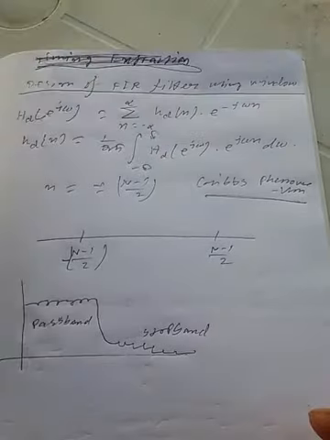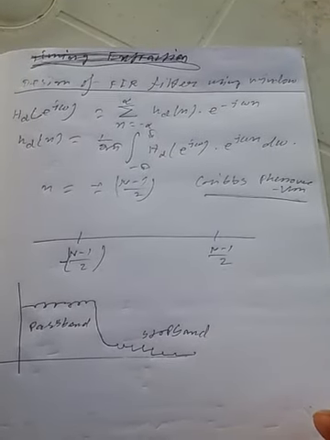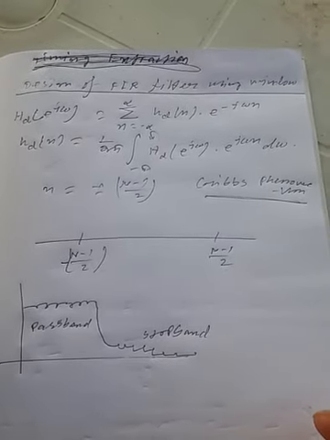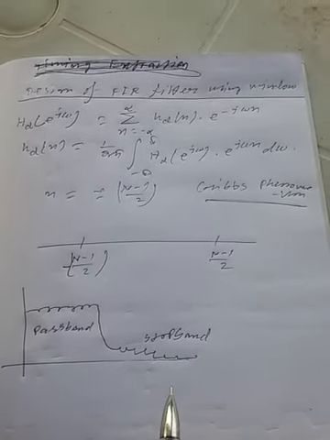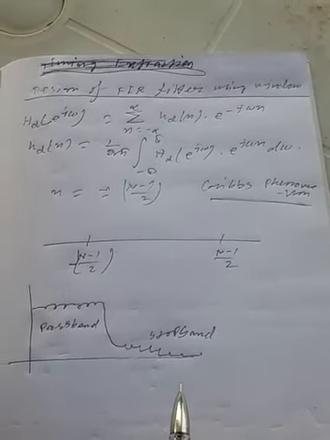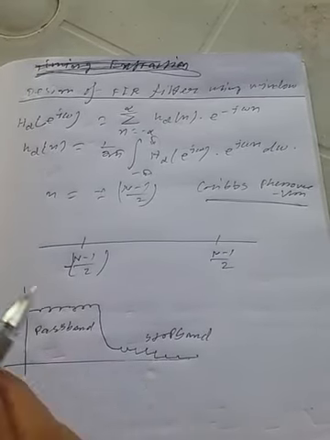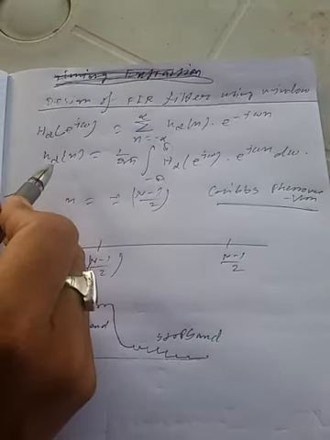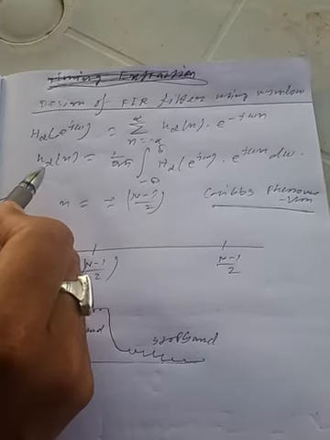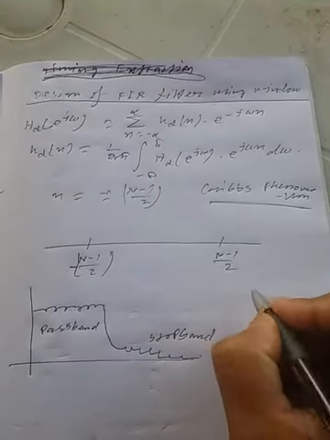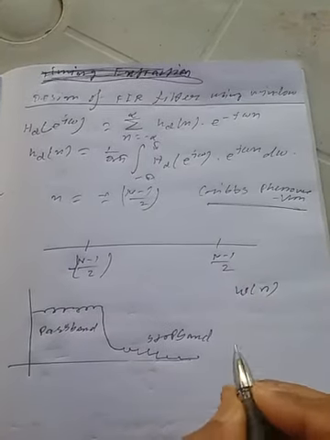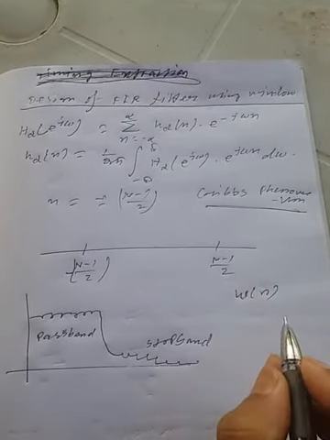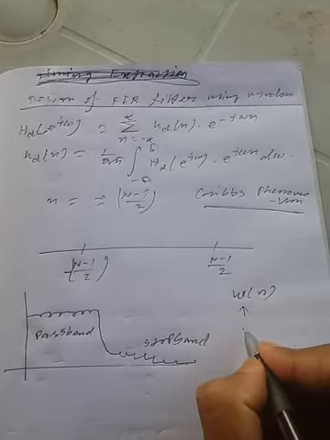Now to avoid or reduce this oscillation, the Fourier coefficients of the filter are modified by multiplying the infinite impulse response, that is h_D(n), with a finite weighting sequence, w(n), that is called a window.